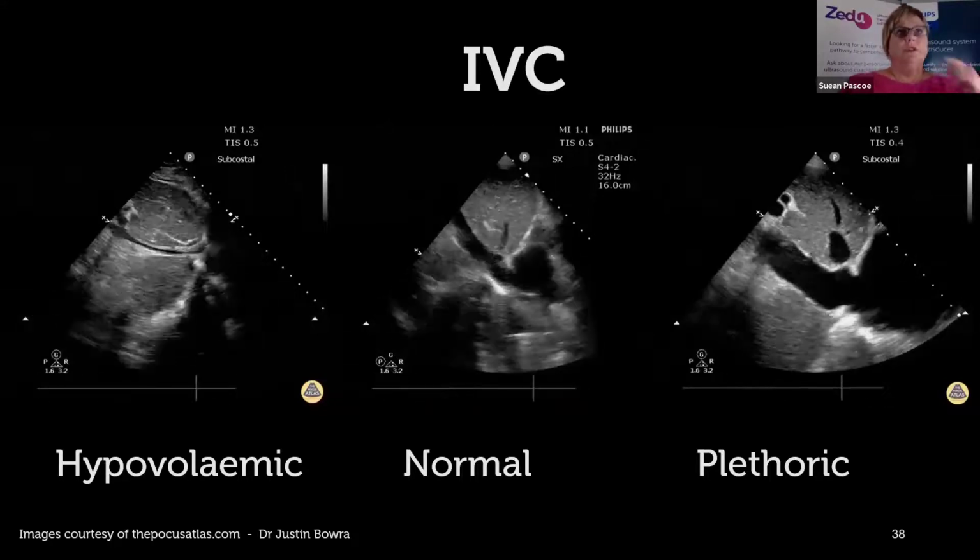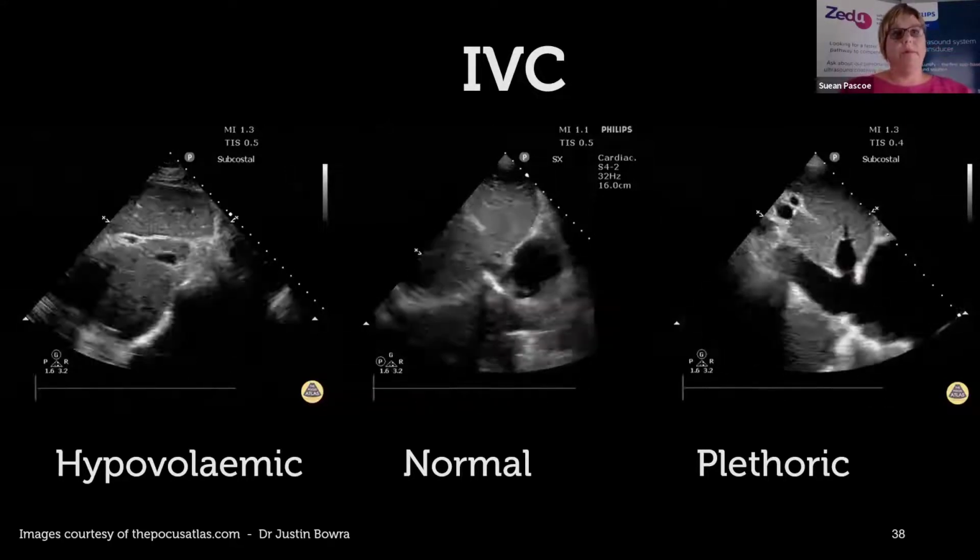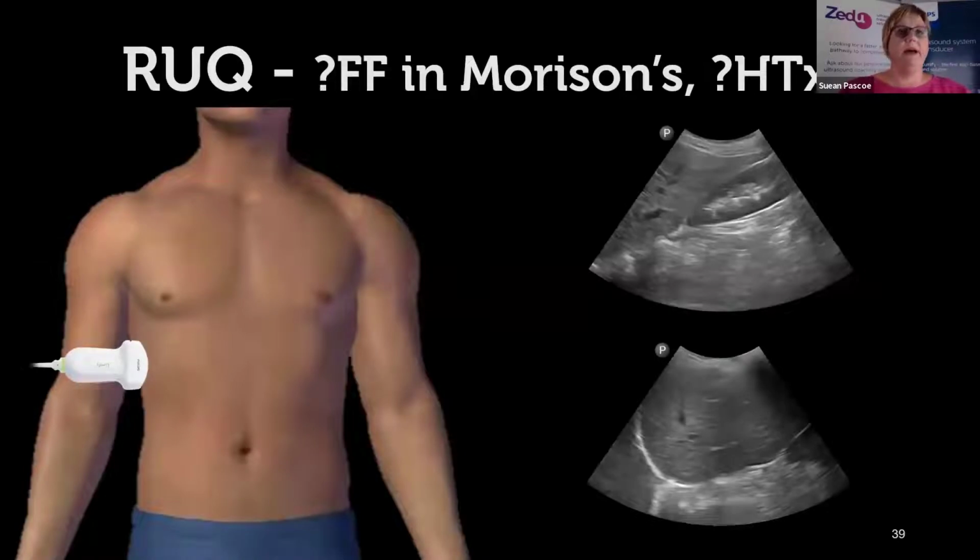So moving on to the FAST component, the right upper quadrant. You put your probe around on the mid-axillary line, and we're looking for free fluid in the peritoneum. Typically you're looking in Morrison's pouch, but while we're here, we're also going to sneak the probe north and get a view of the base of the lung to see if there's any evidence of a hemothorax.